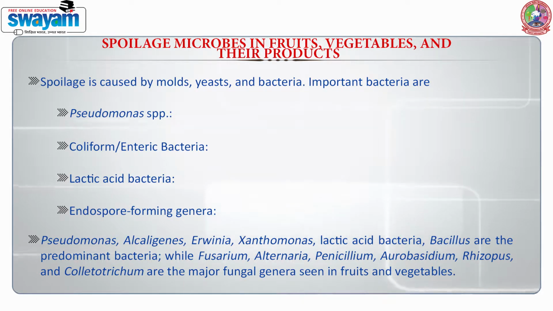Lactic acid bacteria are also responsible for the spoilage of fruits, vegetables and their products. Among these, Bacillus is the predominant organism, and among the fungi, Fusarium, Alternaria, Penicillium, Aureobasidium, Rhizopus and Colletotrichum are the major fungal genera which are found to spoil the fruits, vegetables and their products.